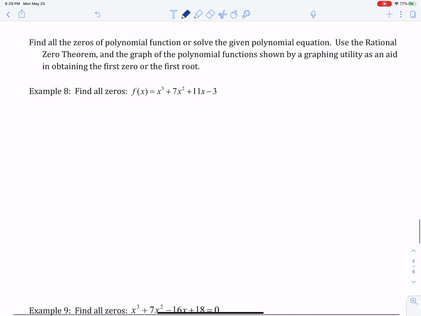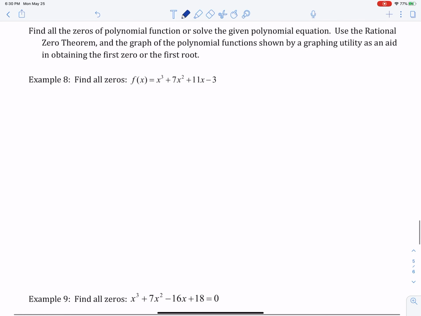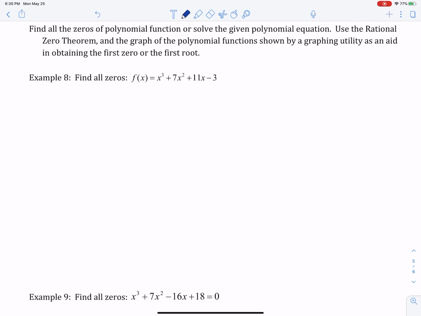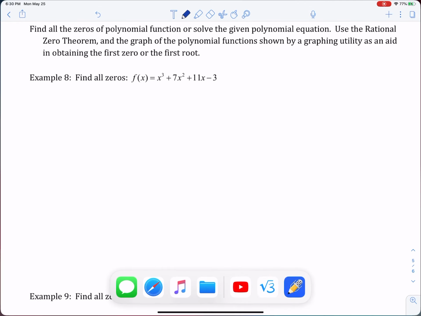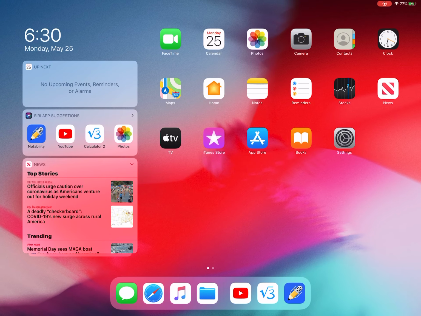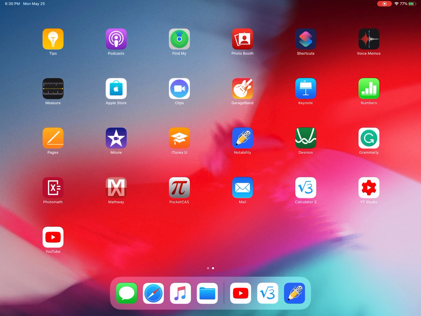Find all the zeros of the polynomial function or solve the given polynomial equation. Use the rational zero theorem and the graph of the polynomial function shown by a graphing utility as an aid in obtaining the first zero, the first root. So if I'm going to use a graphing utility, and I don't have it pulled up, where would that be?